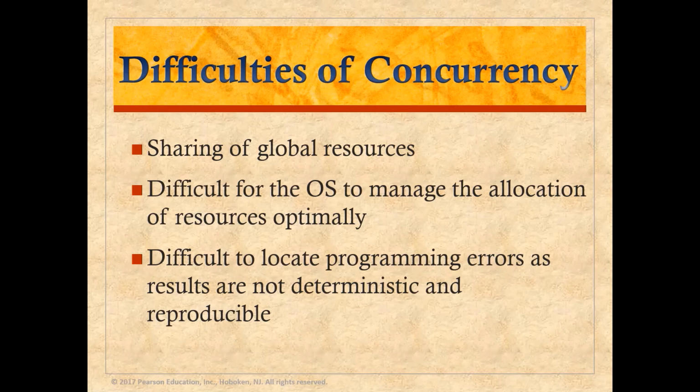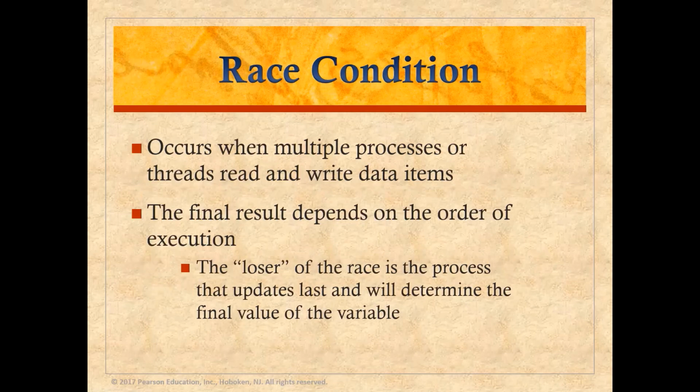And the third one is how to locate any programming error. It is also difficult since you cannot simply reproduce the result. So these are the three difficulties even in a uniprocessor, and we are going to see more about these concurrency issues. All right, next is race condition.